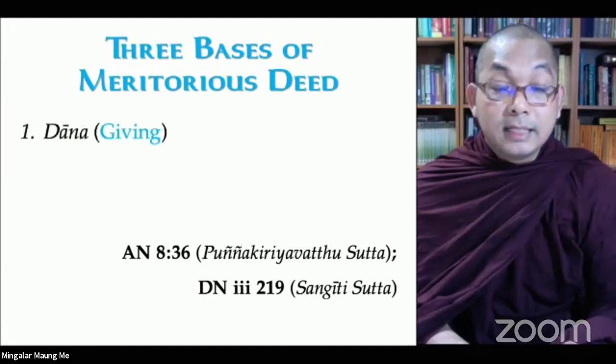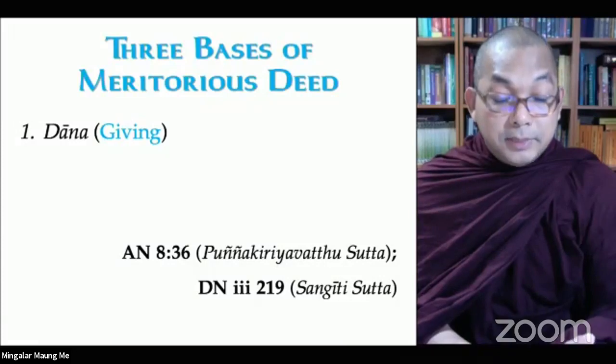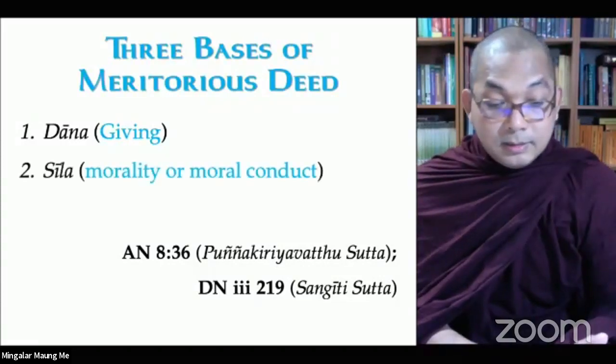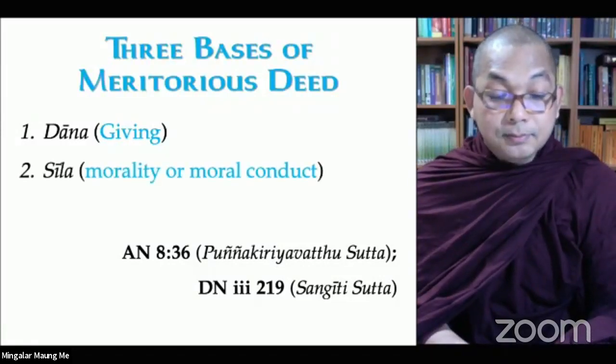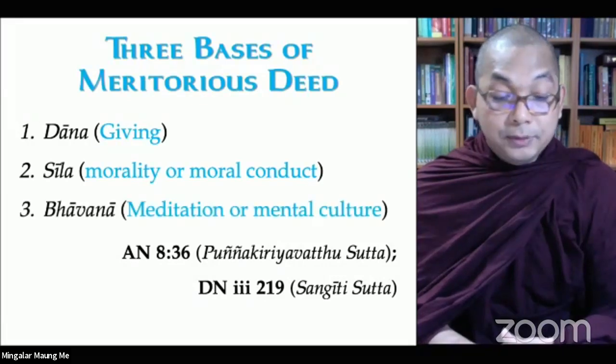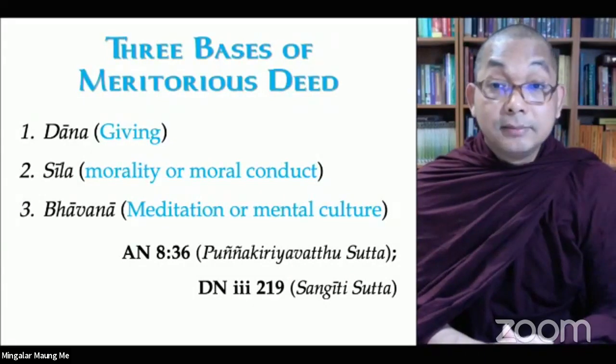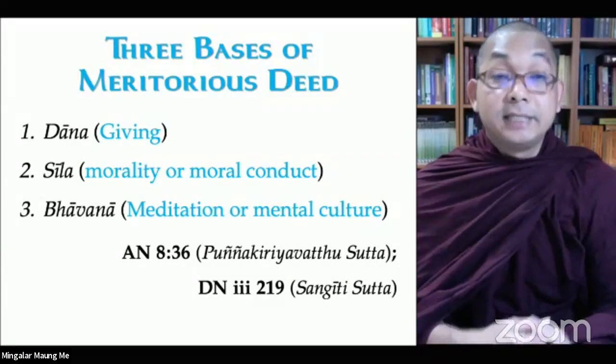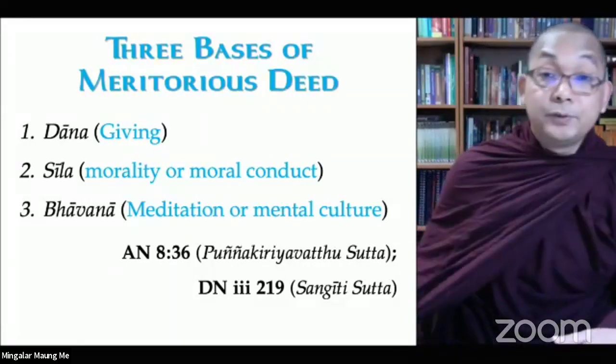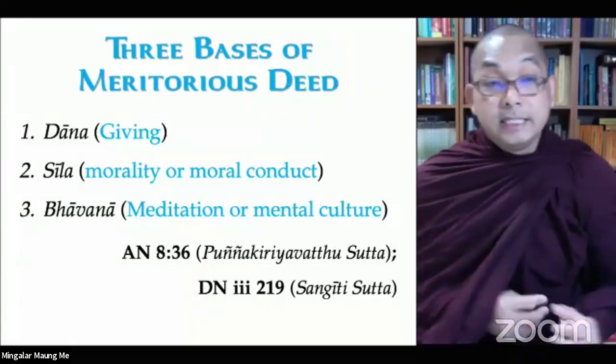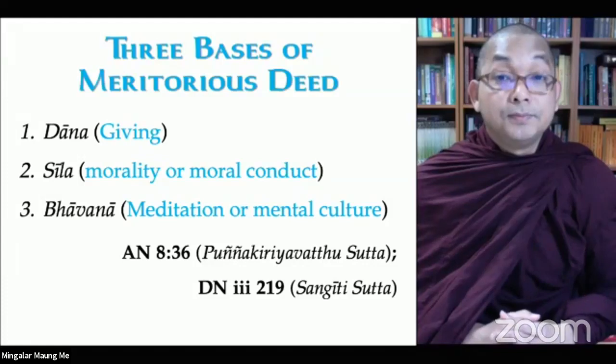Number 1, dana, giving. Number 2, sila, morality or moral conduct. And number 3, bhavana, meditation or mental cultivation.